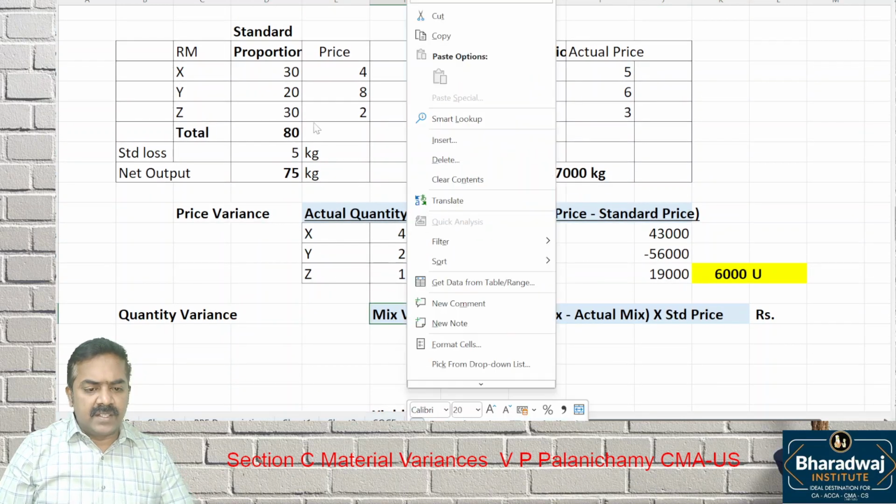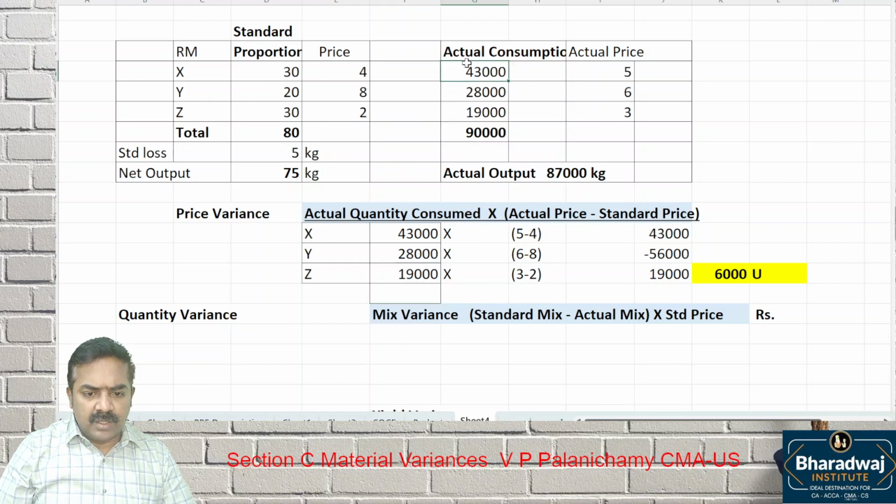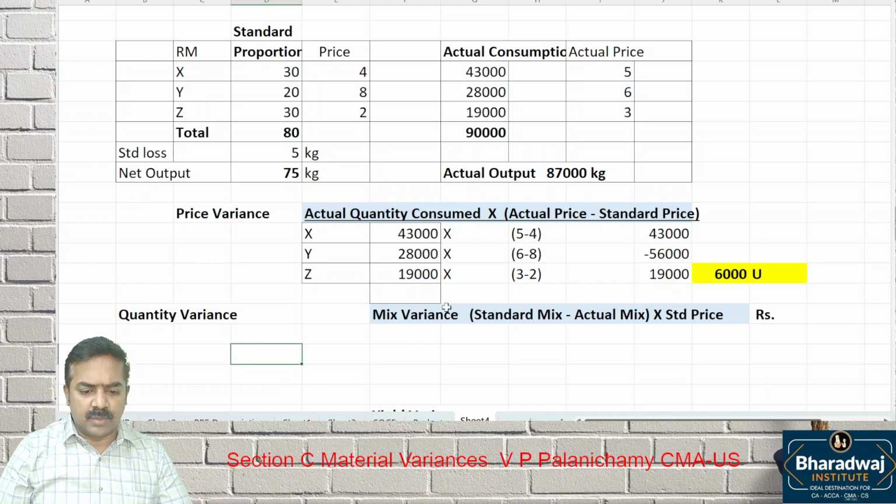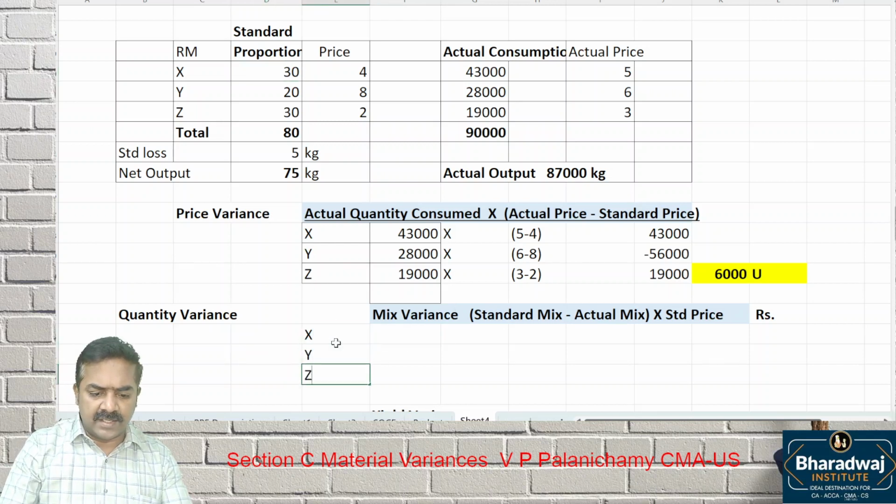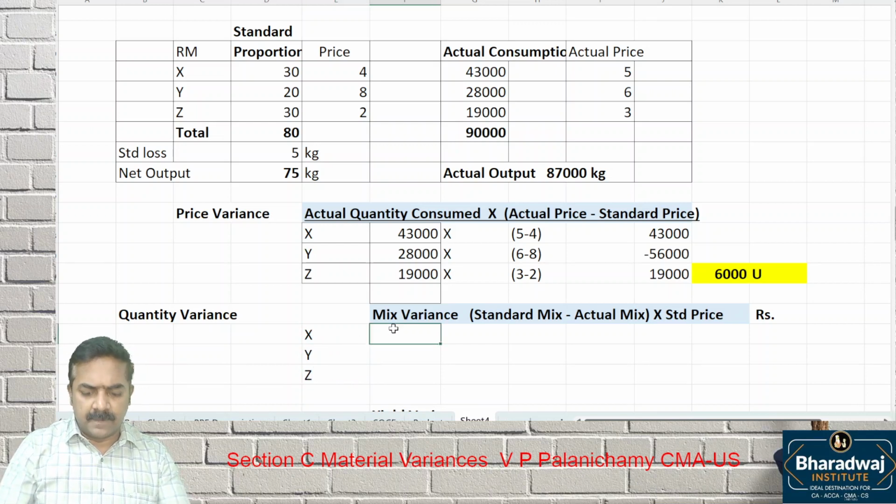What is a mix variance? If the actual quantity is not used in the same standard proportion, then mix variance arises. So how to work it out? First, let us work out the standard mix. For X, Y, Z, how to work out the standard mix? 90,000 is the total quantity used, into 20 by 80.